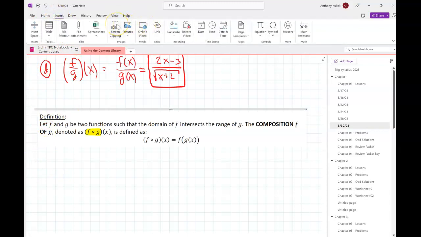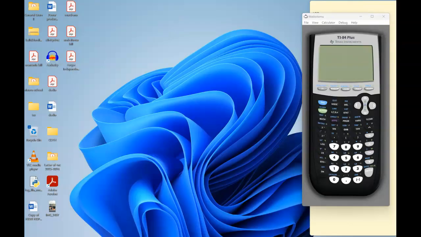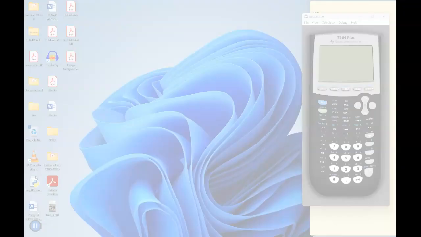Does that symbol look familiar now? Oh, yeah. The little circle. The little circle, that's composition. I remember this, actually. Good.